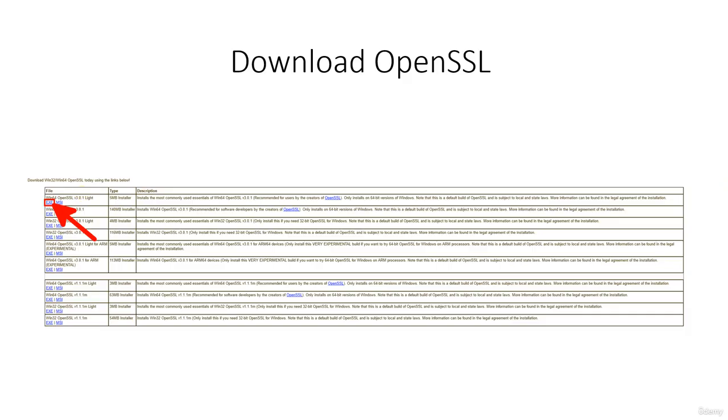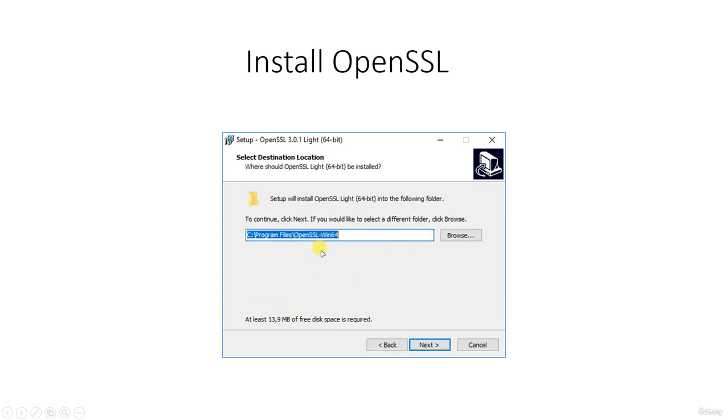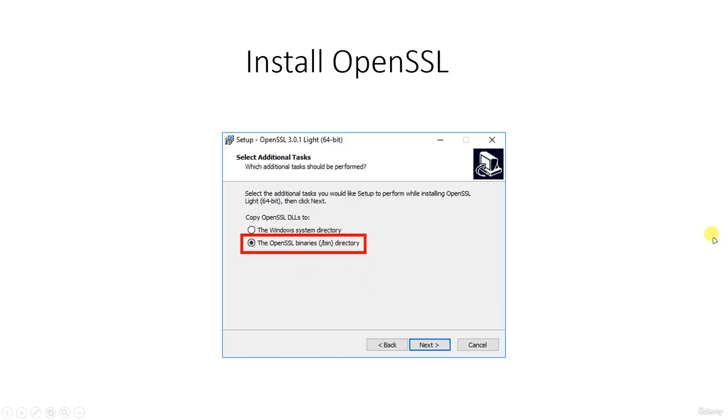and then after the download is complete, just simply open the executable file, and it will ask you some basic installation steps. As you can see, tick I accept the agreement. Then next, select the default directory. Do not change this directory, make sure you select the default directory, then click next. Then name it OpenSSL, click next, and make sure you select this.